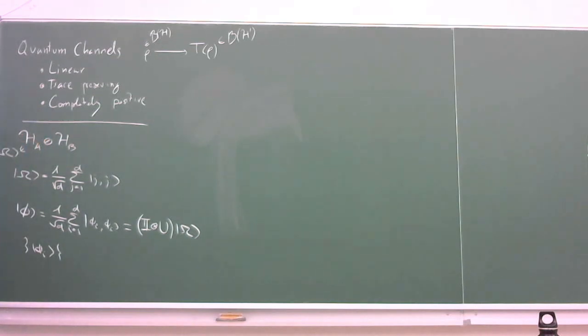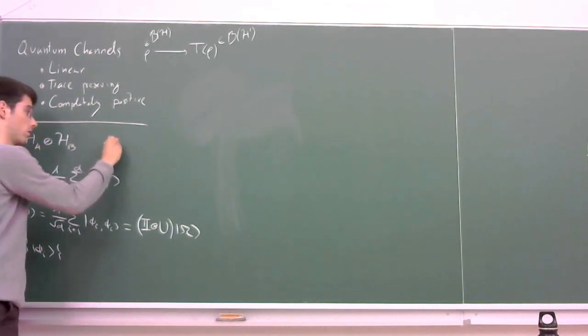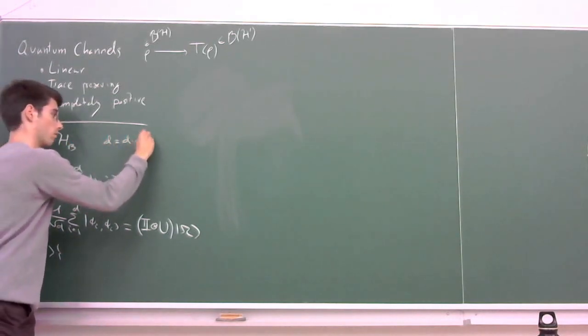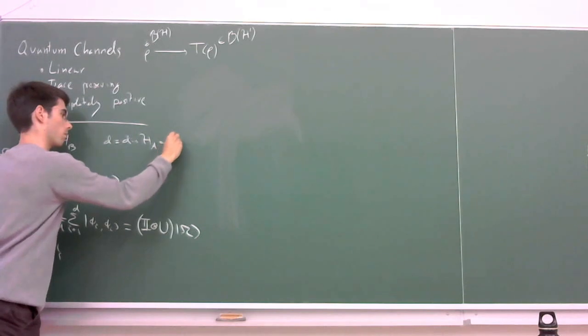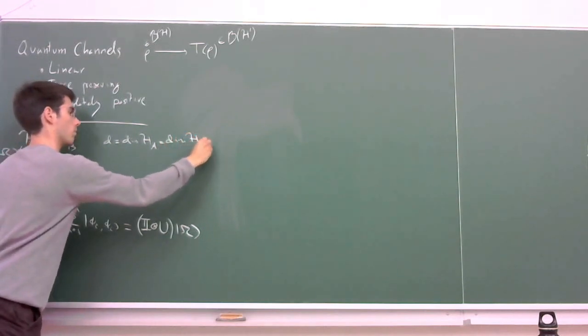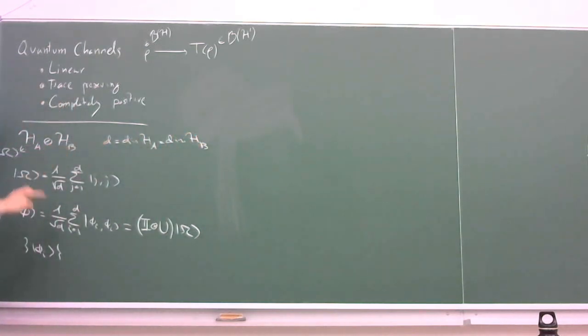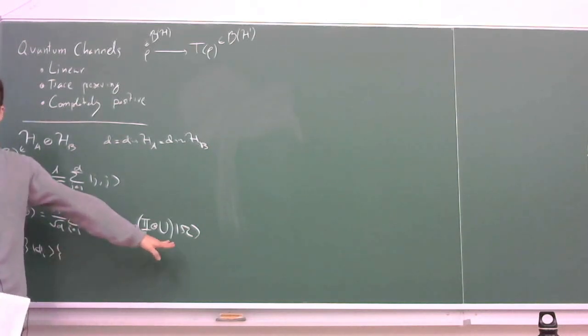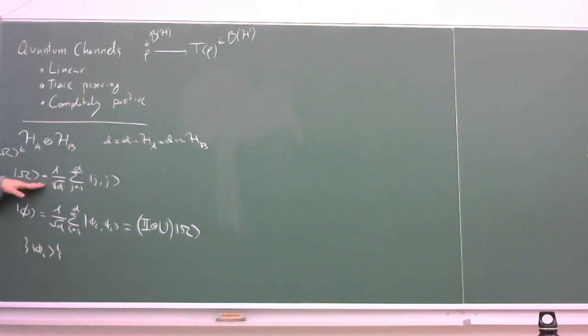There are only two subsystems, A and B, and both of them have dimension D. So in this context, we can define the maximally entangled states always in this form, and any maximally entangled state can be written as a local transformation of this maximally entangled state.